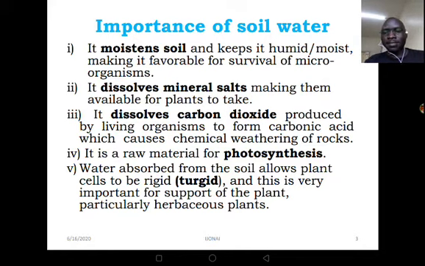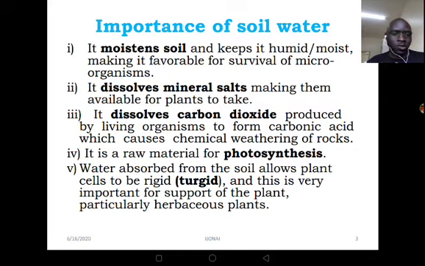And then this water also dissolves mineral salts, making them available for plants to take. Remember, water is a universal solvent, and therefore it is capable of dissolving almost everything to some extent. And for that reason, it dissolves these mineral salts, and from there, the plants can absorb them and use them.